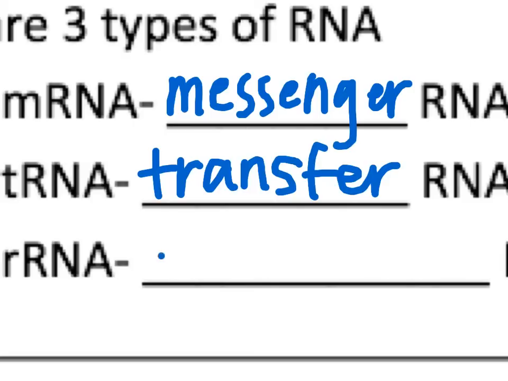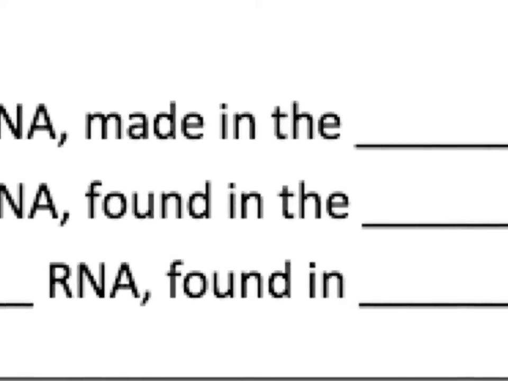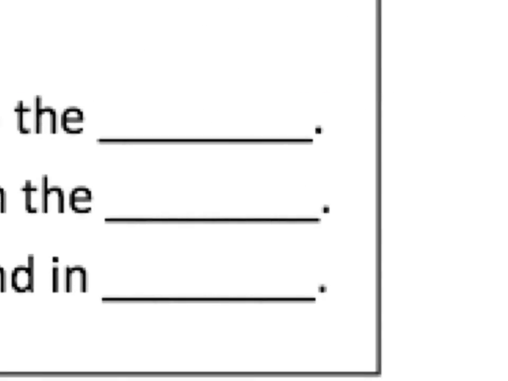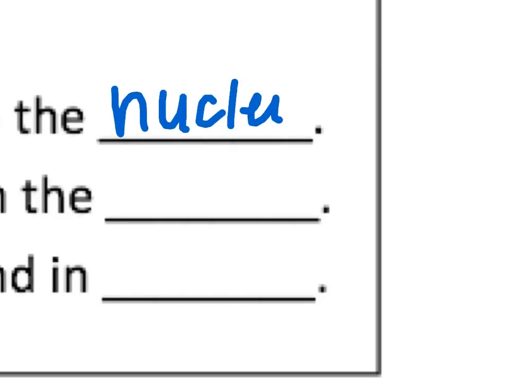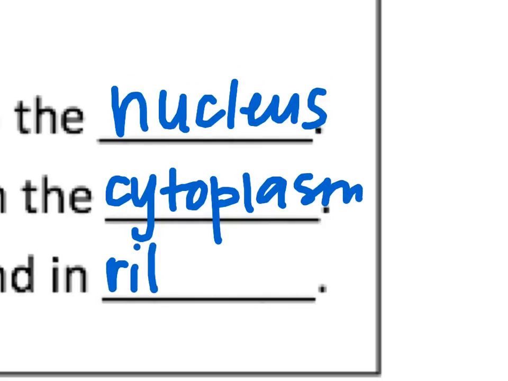And we have rRNA. The R stands for ribosomal. Messenger RNA is made in the nucleus. tRNA is found in the cytoplasm. And rRNA is in the ribosomes.